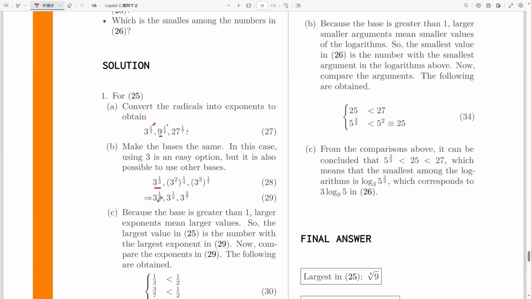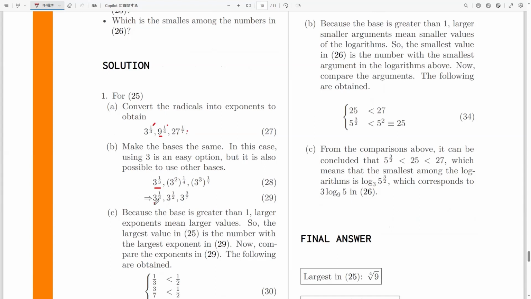In this case, the base is 3, and 3 is greater than 1. When the base is greater than 1, then the larger the exponent, the larger the value of the entire number, okay? But this only applies when the base is greater than 1.